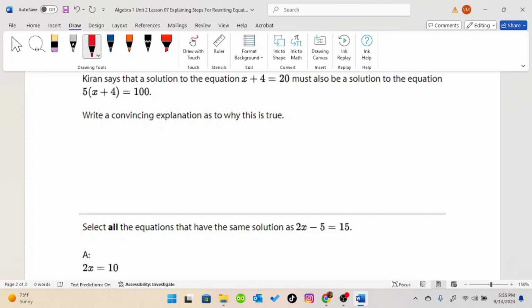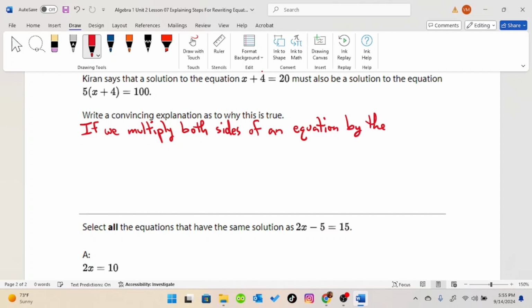So the reason this is true: if we multiply both sides of an equation by the same number, the resulting equation is equivalent.